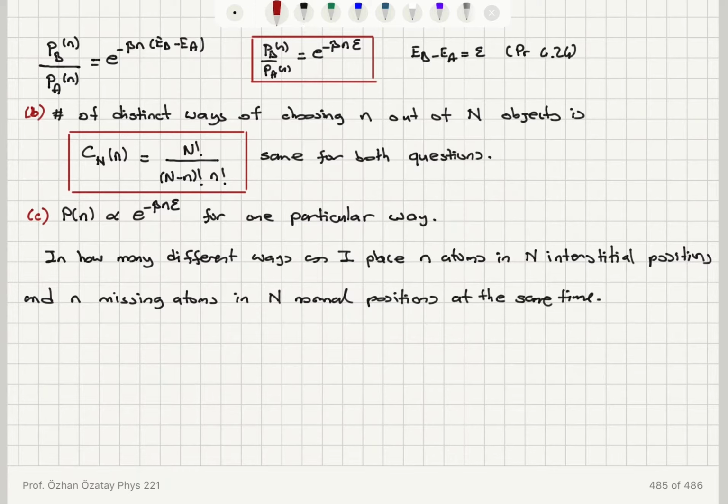So I'm trying to do this at the same time, which means I will be multiplying the number of configurations.